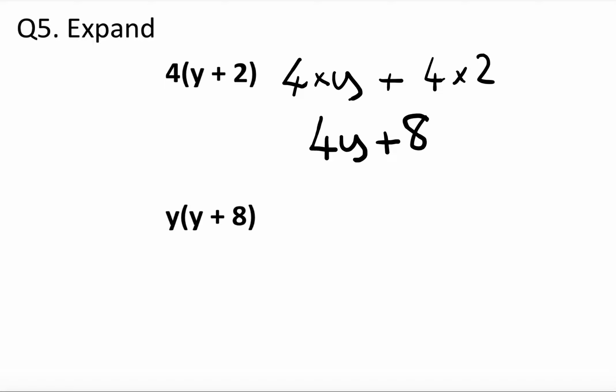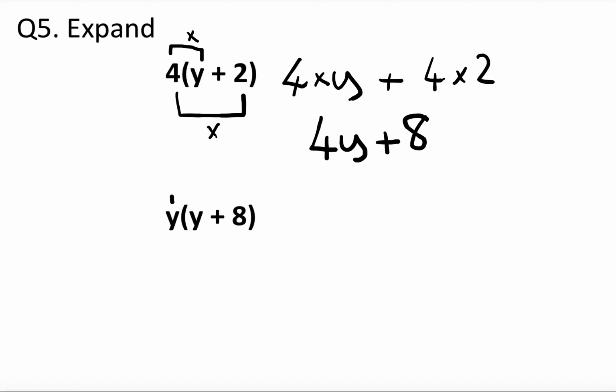So I'm just going to draw a couple of lines here. So 4, we multiply there, and 4, we multiply there. And the second one looks a bit more frightening. We've got y outside the brackets, and inside the brackets we've got y plus 8. Now we just do the same.